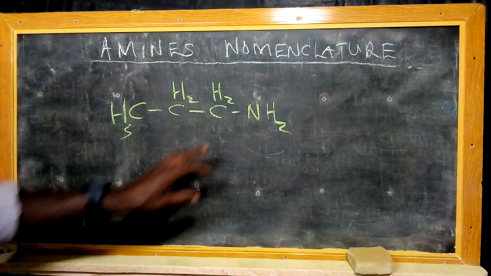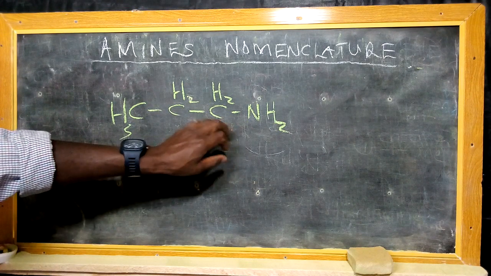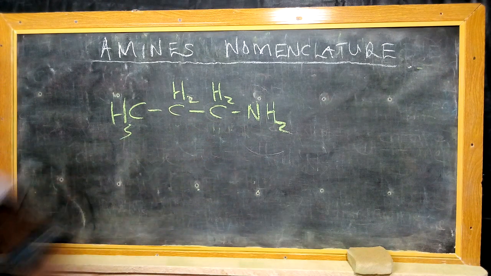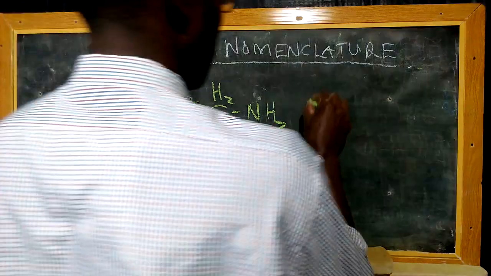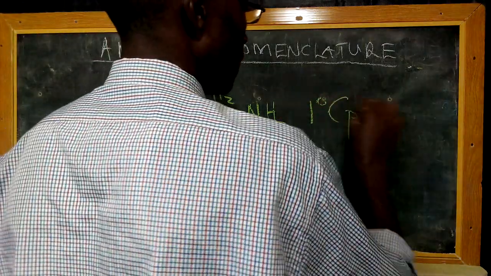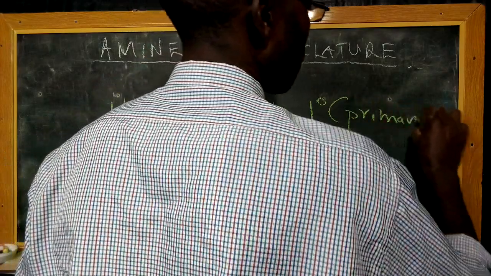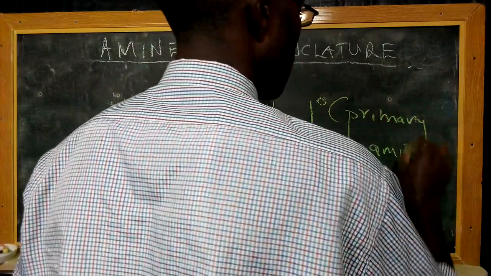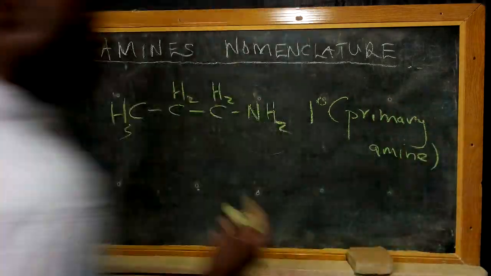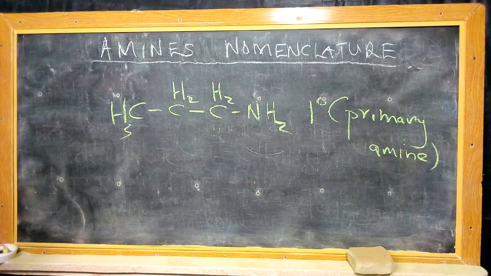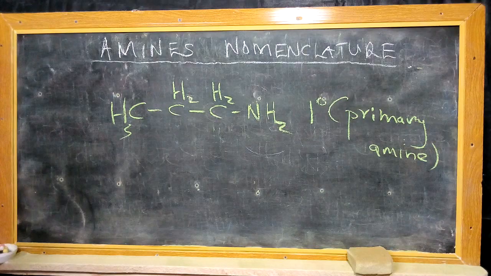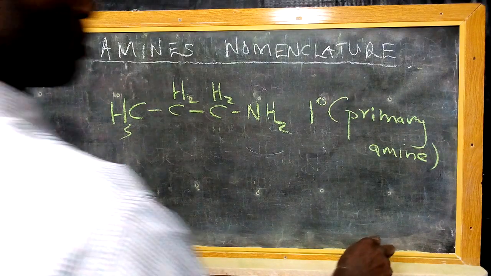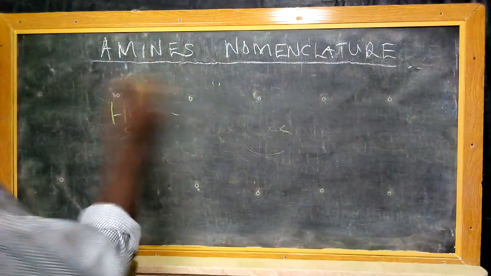So in this case, we have nitrogen attached to a carbon, but it has 2 hydrogens, and we call this one a first degree substitution, or a primary amine. So for the sake of remembering in that order, it's good for us to mention, so that as we go ahead, we are able to name it in case we are required to. So that's a primary amine.